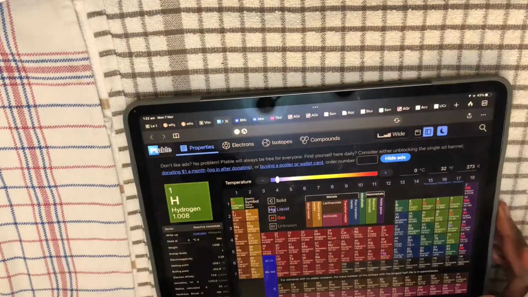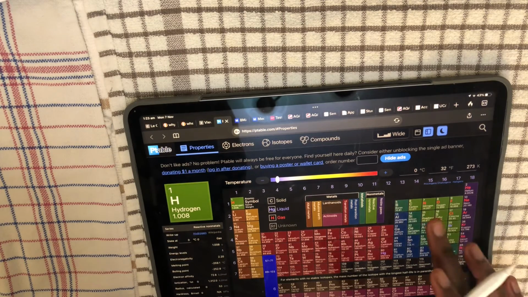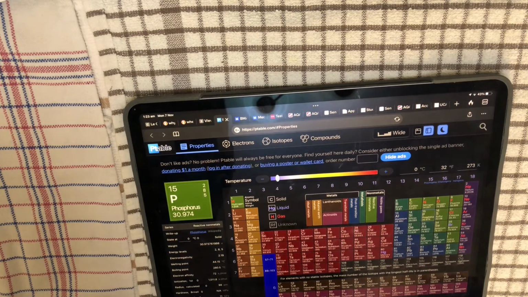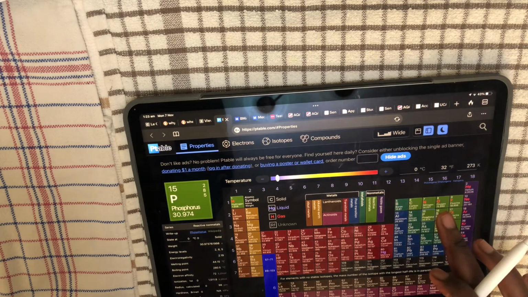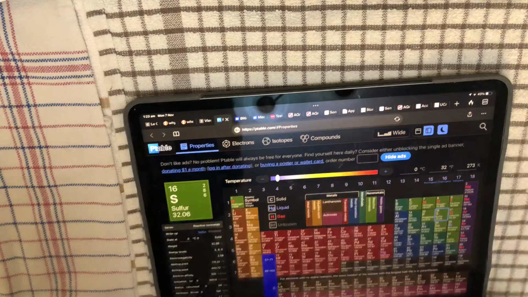Yeah, there you go. It lets you compare phosphorus's first ionization energy, 1111.8, whereas sulfur is less, 999.6. And therefore there is a difference.